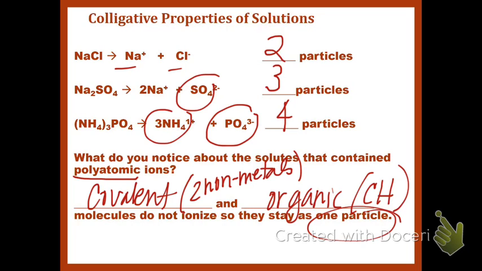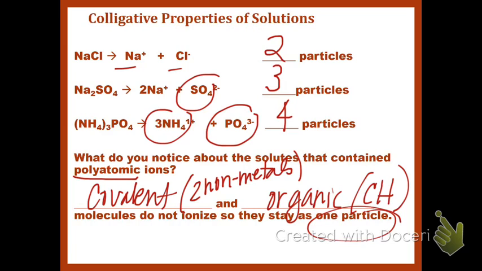We talked about that when we talked about solvation, and we said sugar is an organic molecule. It's also covalently bonded, and it stays together. It dissolves, but it stays together as one sugar molecule, not like the sodium, which splits apart. So when you see those, they only have one particle. So you have to take that into account on the effect that it's going to have on the property.